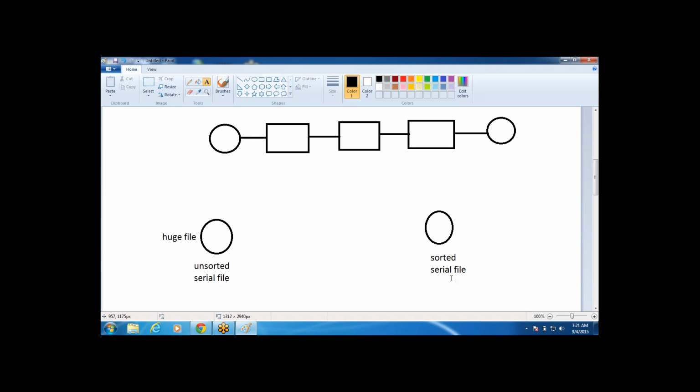Can you guys think what components we can use to achieve this, from an unsorted to a sorted serial file? I think we can go for partition first, then sort, and then departition. Right. Yes. Whenever we have huge files, we have to use partition components.